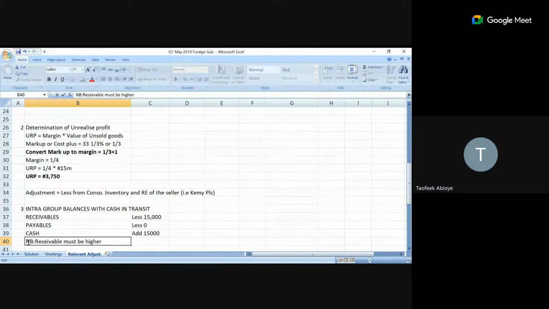By what? By the difference of this cash. And that is the reason why we now see 15,000 minus 15,000, and that's the reason why this one is zero.